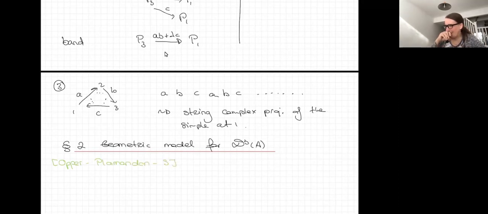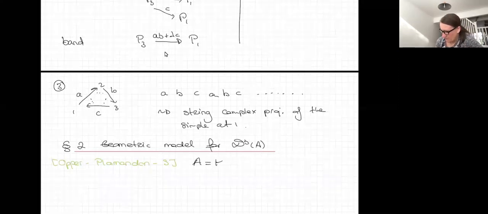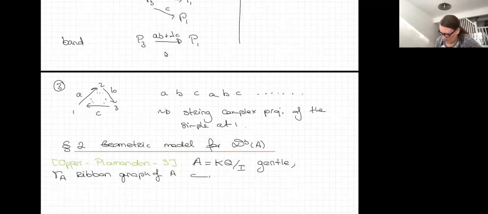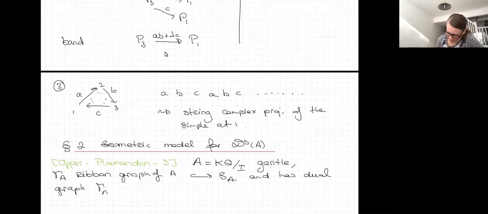And maybe since this is the object of the whole lecture series, I'll write down everything. So KQ over I is a gentle algebra. Then we have a ribbon graph associated to it, Gamma A is the ribbon graph of A. This ribbon graph sits in a surface S_A and has a dual graph, Gamma A star.